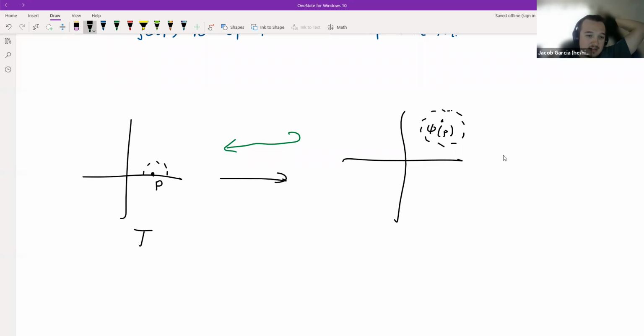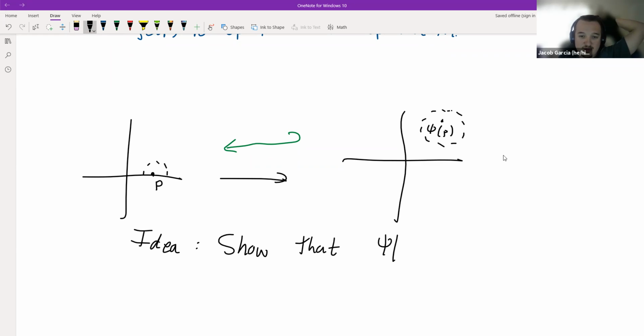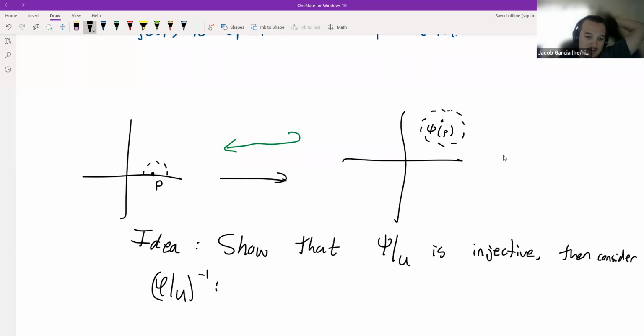Right. So the idea is to show that phi restricted to U is, let's say, injective. Then consider the restricted to U inverse, which is a map from phi of U back to U, and then use invariance of domain.